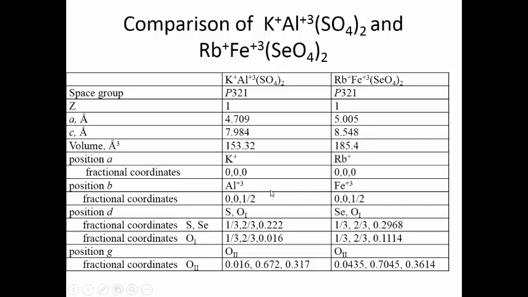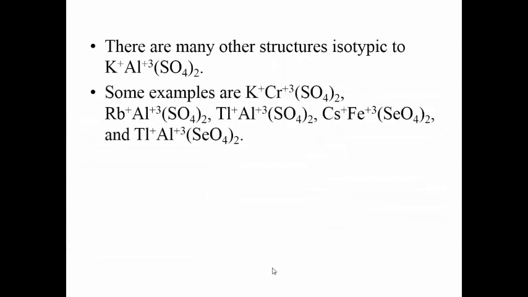The aluminum and the iron are both +3 charge. These are both +1s, so they have to match in that way. And they have similar fractional coordinates. They're not exact, but they're pretty close, and that's what you're looking for in these isotypic series. There are many other substances.